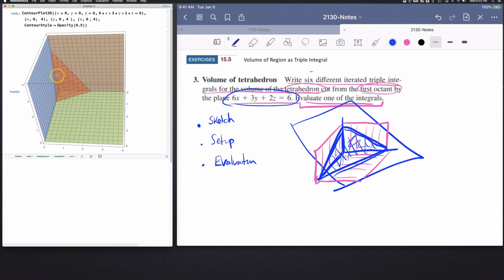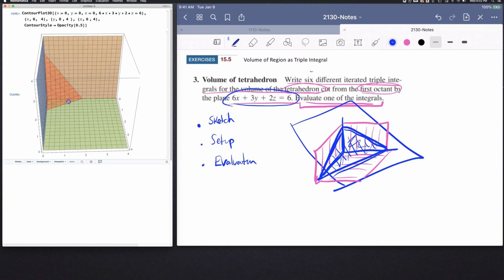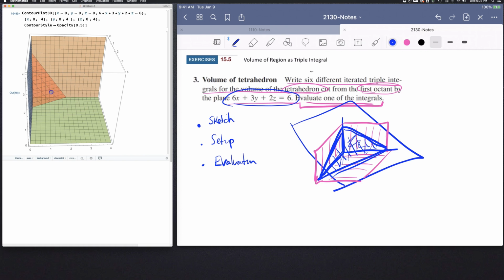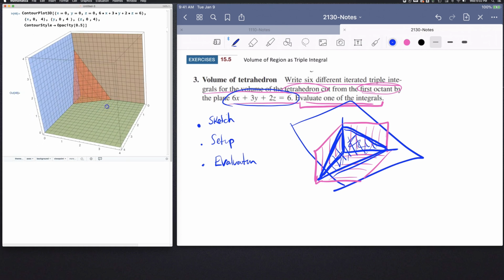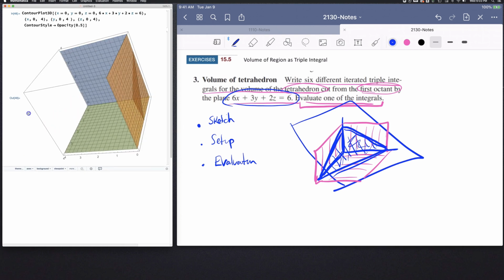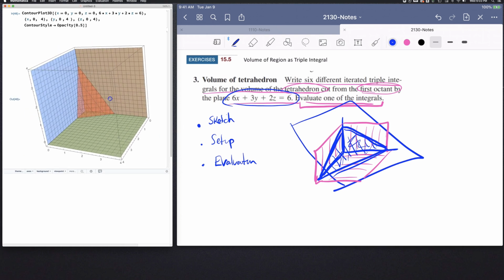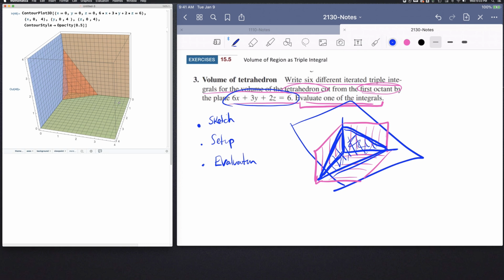There's this plane coming in, the part in orange, this triangular region, and the part inside is the tetrahedron. So it's a triangular region with some flat walls. So we've kind of got the sketch part done. If we want to do the setup, you need to decide on what ordering for dV you want to use.